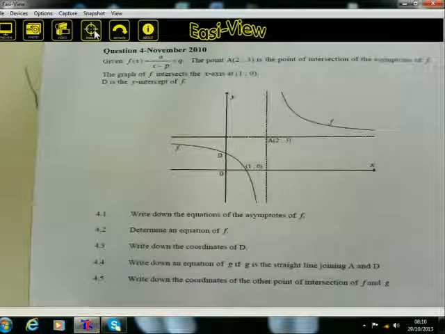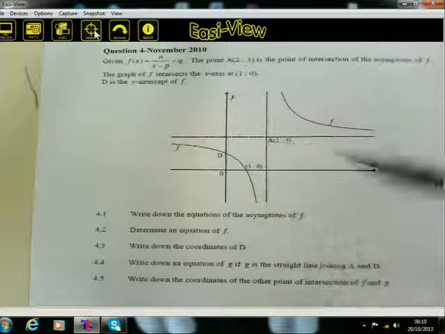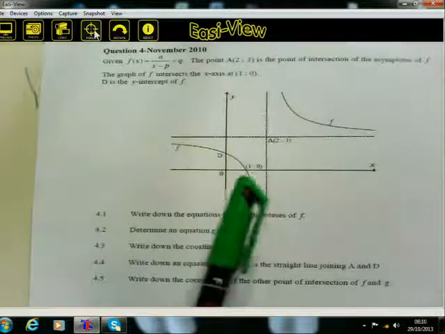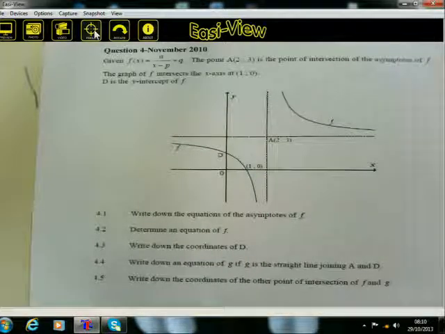You are given that our graph is the hyperbola, and we are given that point A, the point of intersection, is 2 and 3. It is the asymptote intersection. That means you are given the x asymptote and the y asymptote. We are also given the graph, and we are given one point on the graph. There it is, point 1 and 0 on the graph.